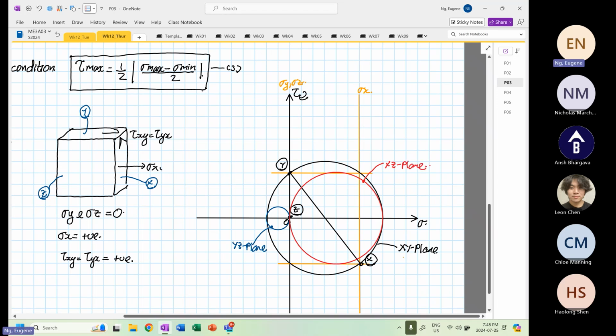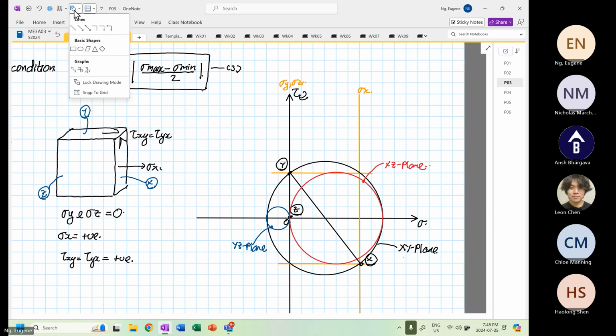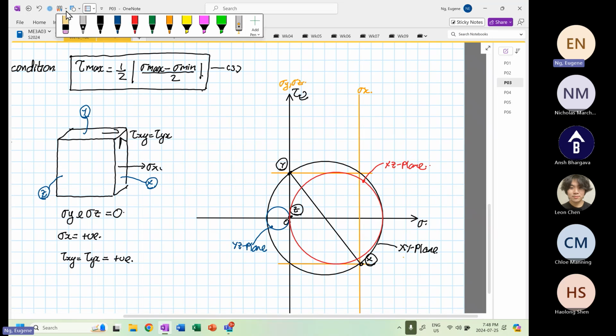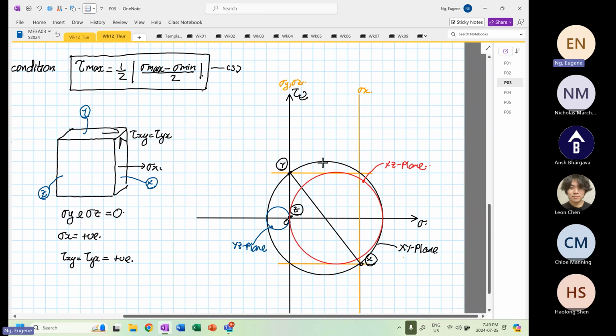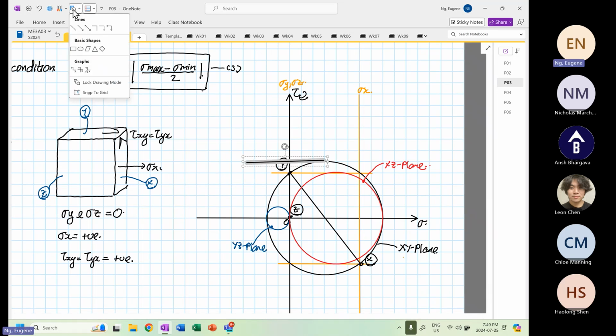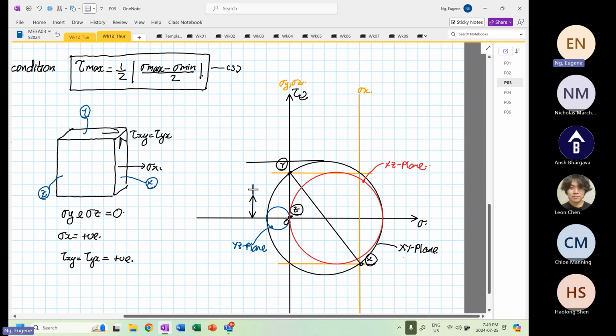So it happened that the XY plane is the tau max now, right? So now we discovered that over here this is our tau max, right? This is our tau max.